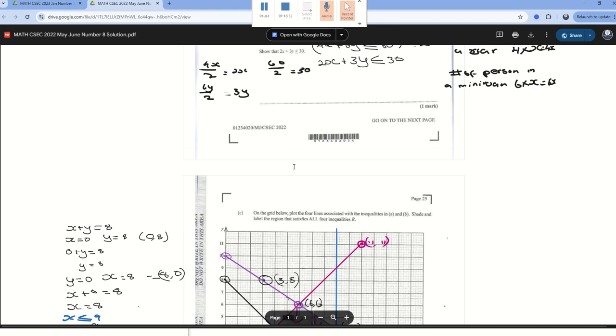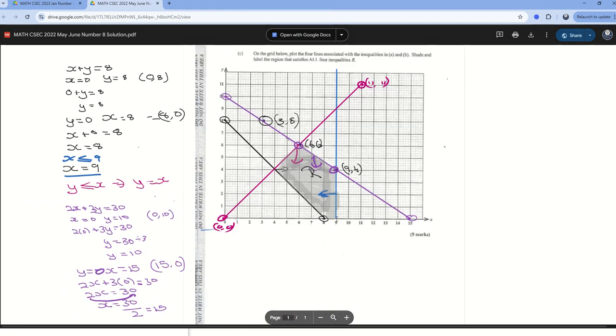Alright, part D. Determine the two combinations for the minimum number. I am going to use my answers for this now, because I don't want to take up too much time. So this is how it's supposed to look. You saw that I did not do it as scrappy as before, right?